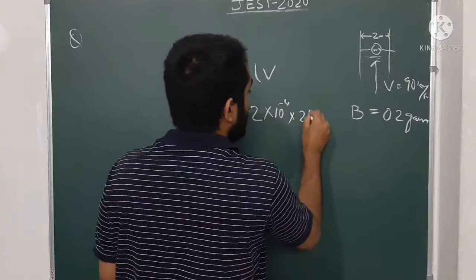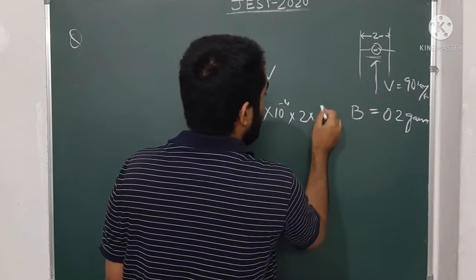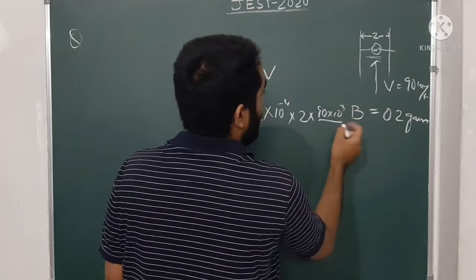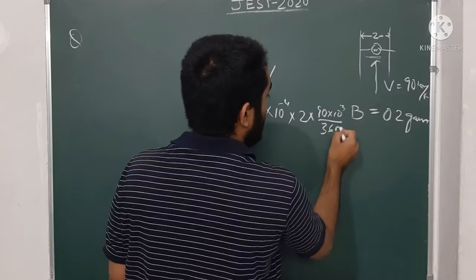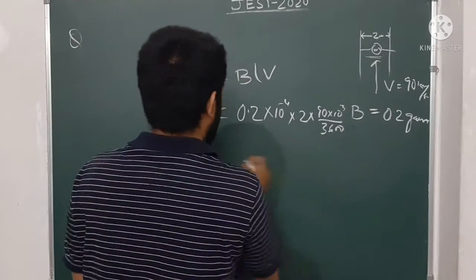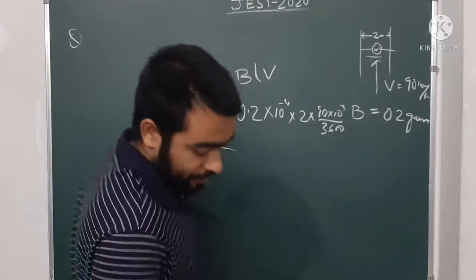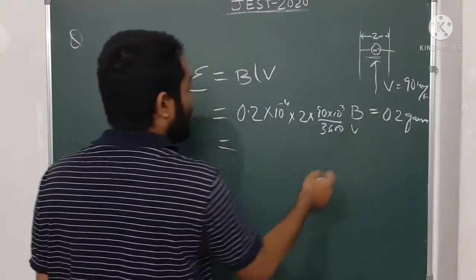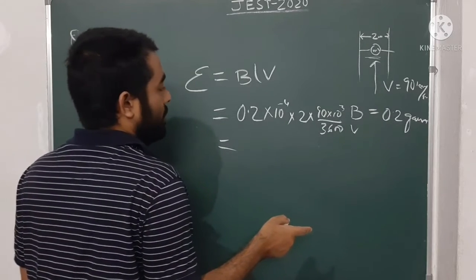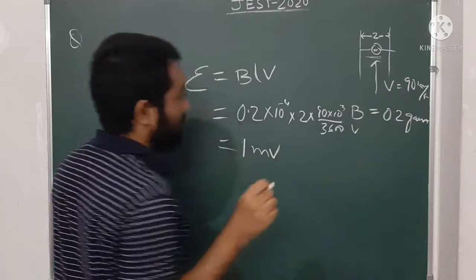L is 2 meter, and velocity is 90 km per hour, so 90 into 10 cube divided by 3600 per second. If you calculate this, the result is in volt, and if you convert it to millivolt by dividing by 1000, you will get the answer: 1 millivolt.